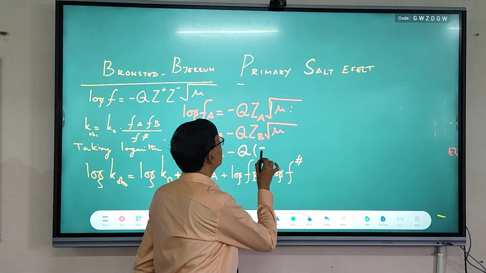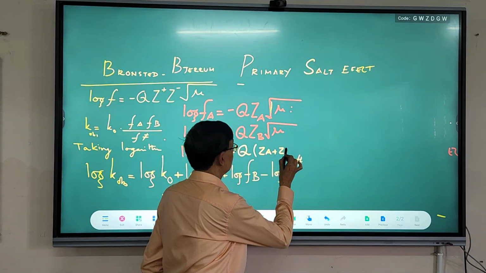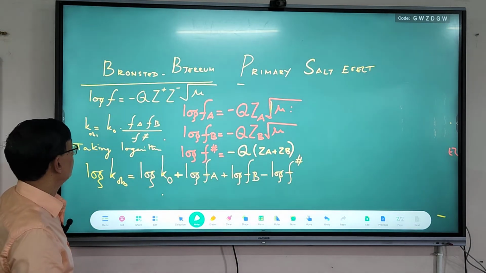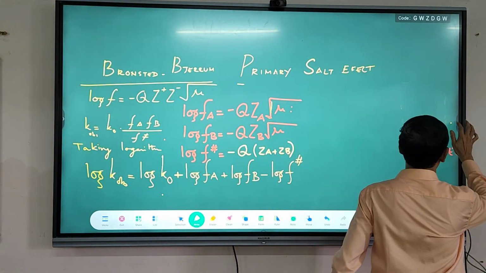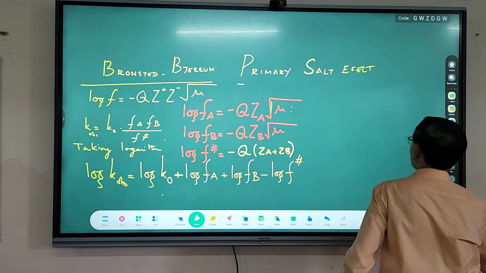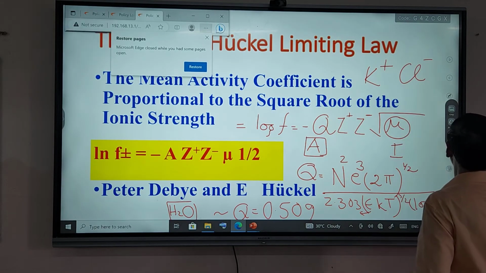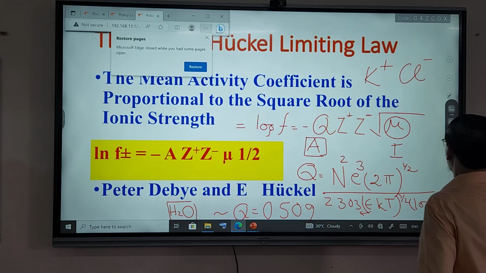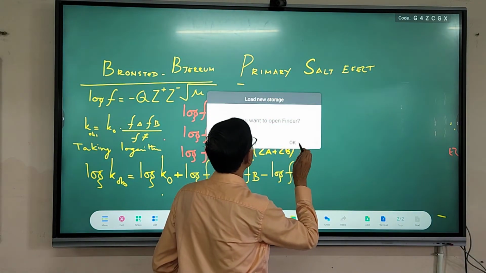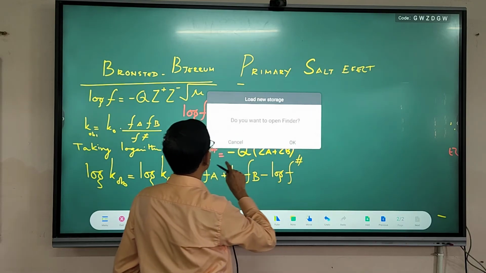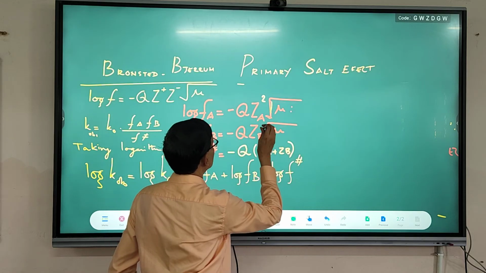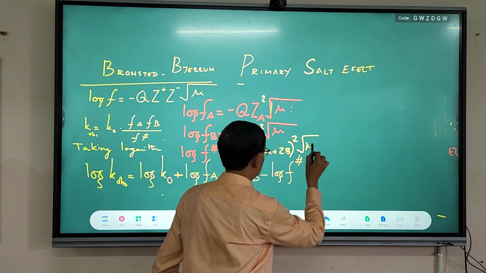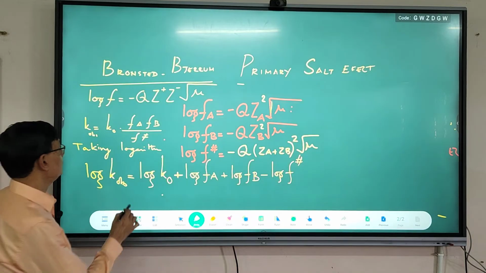So it is ZA plus ZB, and I think it is Z square, because both the ions are involved, under root of mu. Now substitute all these values in this equation.